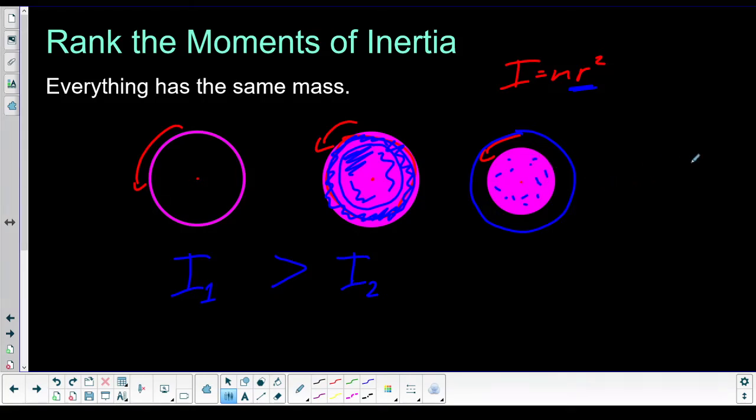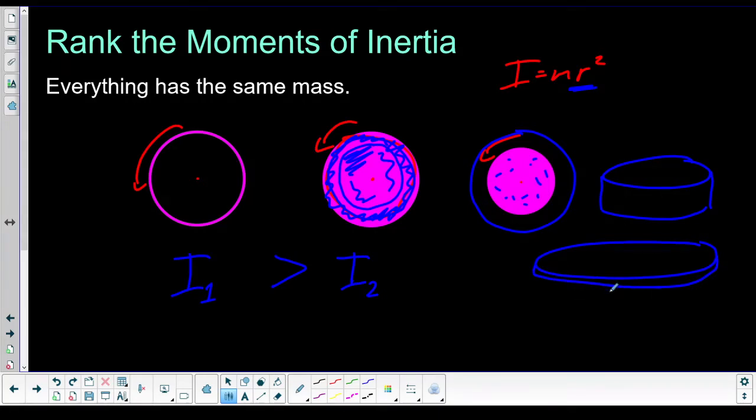Maybe this one, if we lay it down, looks like this. And if we lay this one down, it looks like that. So it's thicker, but it's the same total amount of stuff, right? Because this mass in this void now has been moved inwards, closer to the axis of rotation.